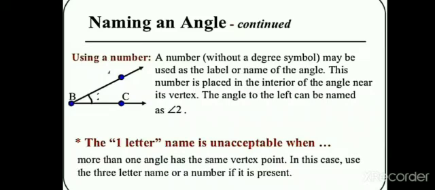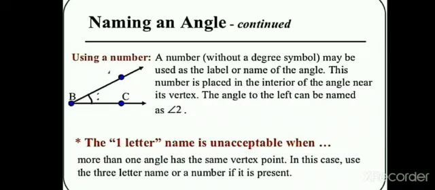A one letter name is unacceptable when more than one angle has the same vertex point. In this case, use the 3-letter name or a number if it is present. For example, let us take two angles having the same vertex.